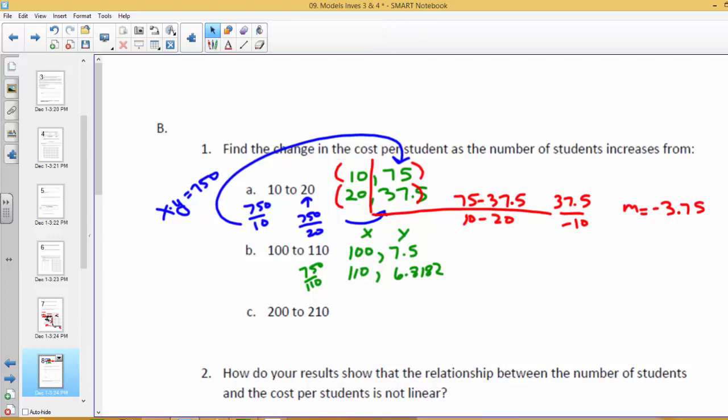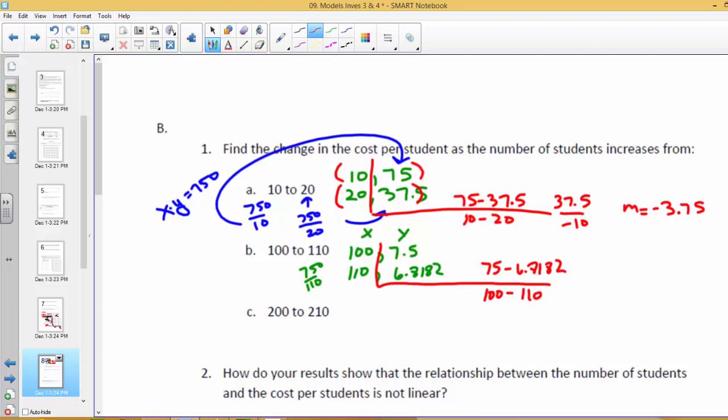6.8182. So to find the slope between these two points, you would do 7.5 minus 6.8182, all divided by 100 minus 110.